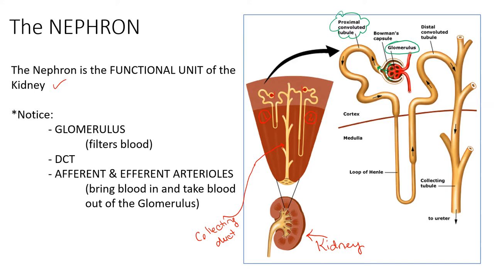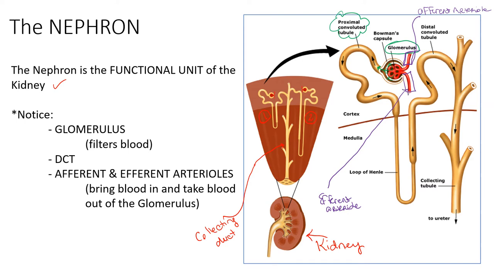So let's say this blood vessel right here is called the afferent arteriole, meaning it's bringing blood in to this glomerulus. And the other one is going to be the efferent arteriole.